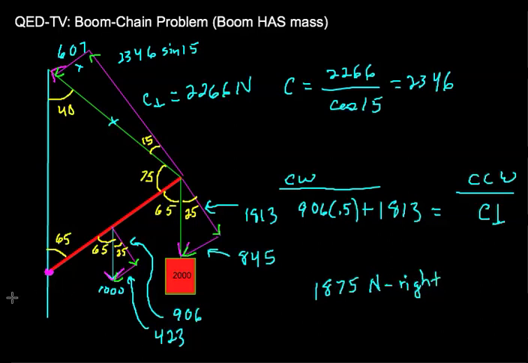So I'm going to add that right here, going straight into the boom. That would be 1875. That has to balance out all 3 of these things going to the left. Now I want to look at my ups and my downs.